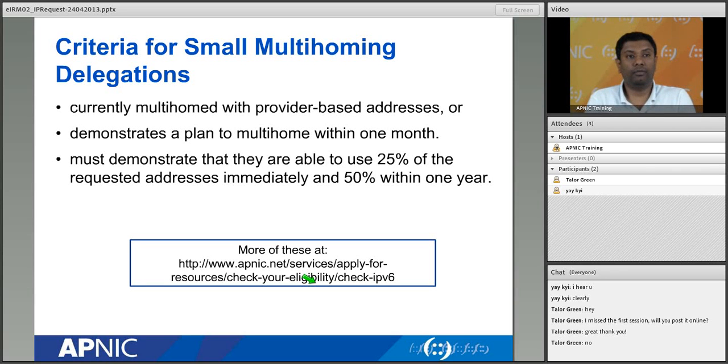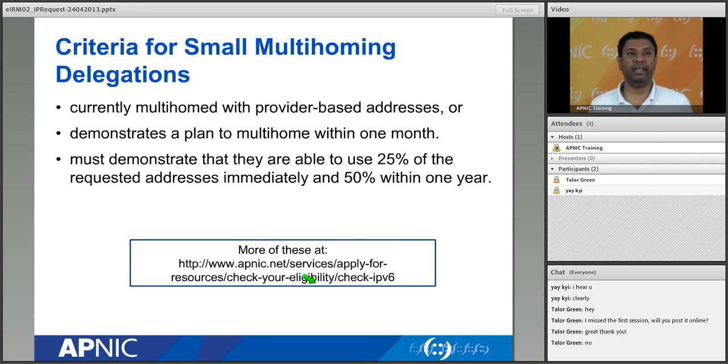Criteria for small multi-homing assignment. Small multi-homing assignment means for those who need a portable IPv4 address even if they are not a service provider. An enterprise can be, a university can be, a bank can be, a small multi-homing organization.